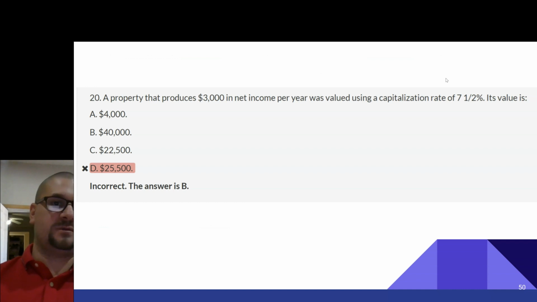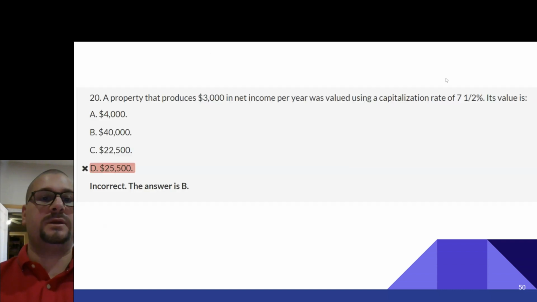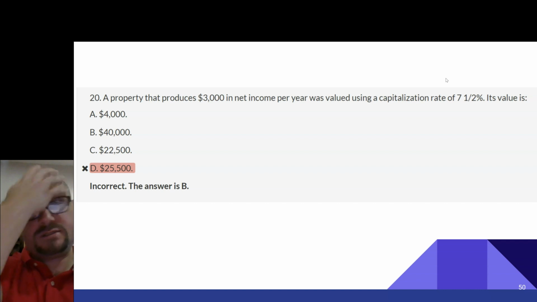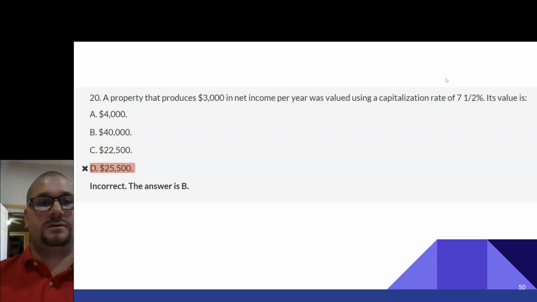That's how much the property is going to be valued if it's bringing in that much money per year. So a property that produces $3,000 in net income per year was valued using a cap rate of 7.5%. Its value is what? So value is income divided by cap rate. That'll get you the value.